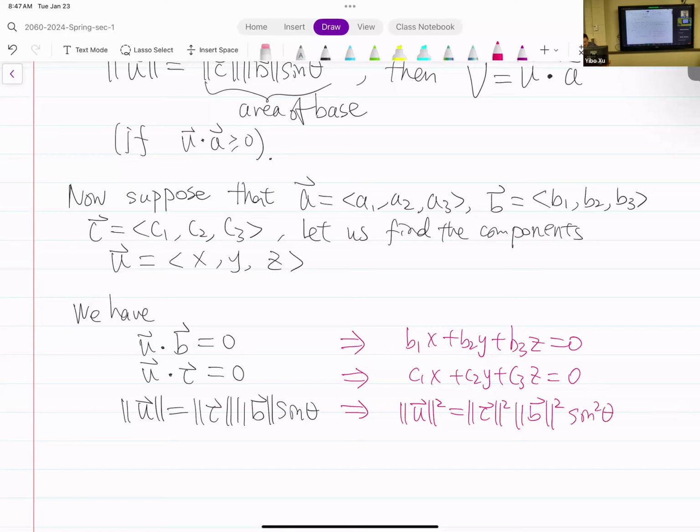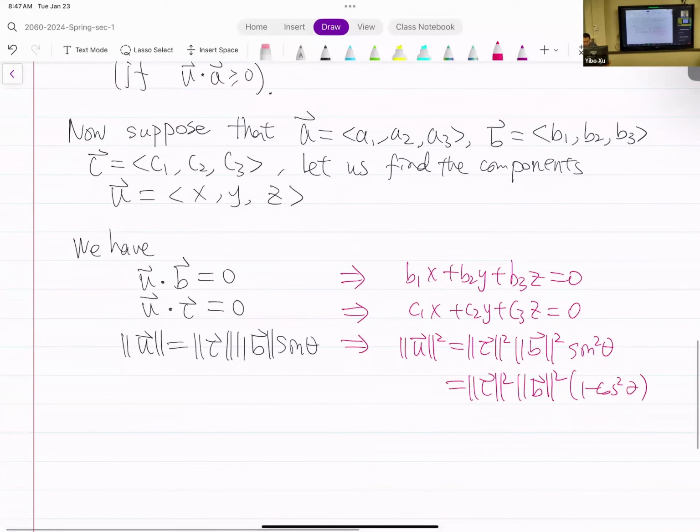And at the same time, we know what cosine of theta is, right? We don't really know what the sine of theta is, but we can use the Pythagorean theorem to rewrite it: one minus cosine squared. So this bracket at the end can be distributed. So we have the magnitude of c squared, magnitude of b squared, minus the magnitude of c squared, magnitude of b squared times cosine squared.